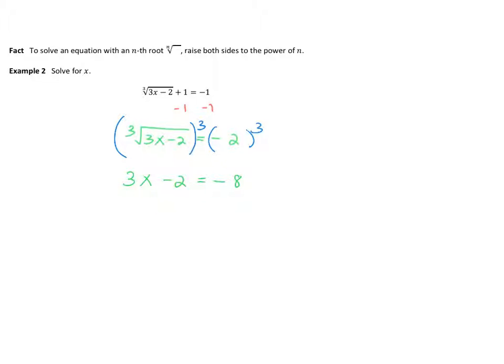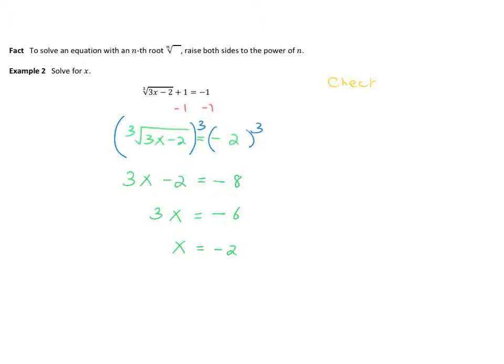Okay, so next I'm going to add 2 to both sides, which gives us negative 6, and divide both sides by 3, which gives us an answer of negative 2. I want to plug this in just to make sure that it's in fact correct. So let's try that. We're going to check our answer.